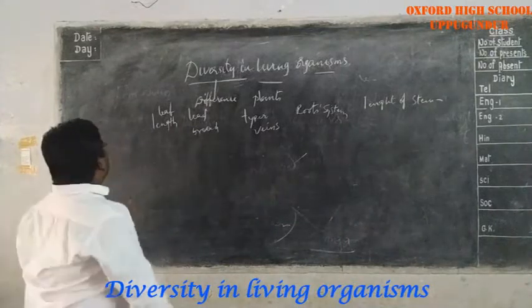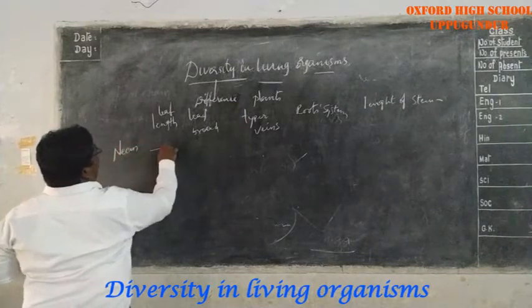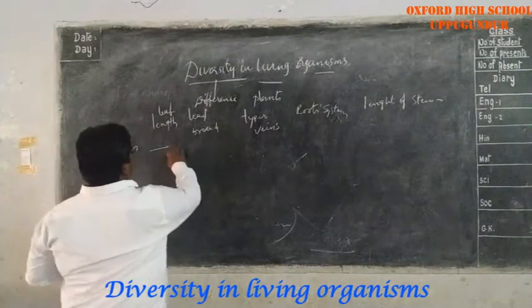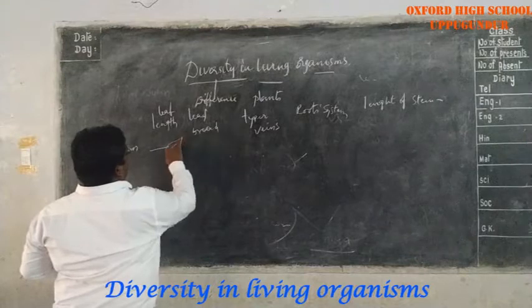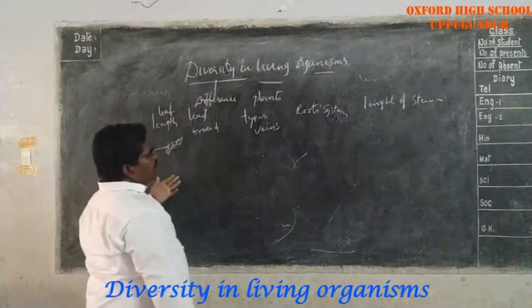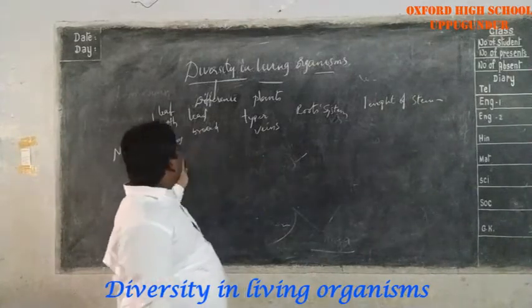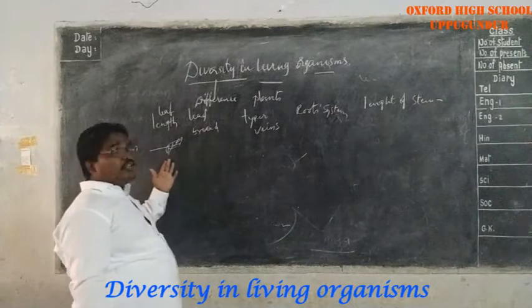For example, here I am taking a neem plant. Neem leaf will be like this. Observe the breadth and the type of vein. Venation here means reticulate venation.